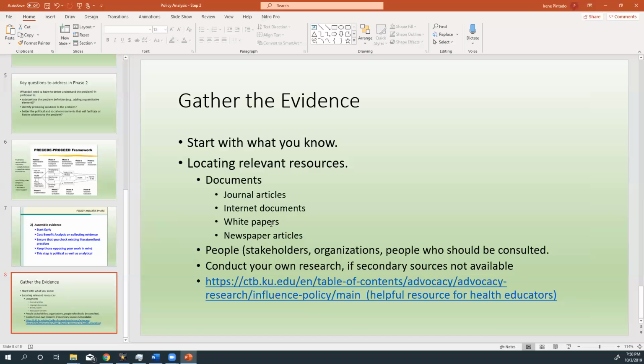If there's no secondary source available, no published literature, no big data banks like the ones you saw in epidemiology, which is probably where you run most into your data sets, you can do your own. You can do surveys, observational studies, interviews. Those are all ways of gathering evidence.